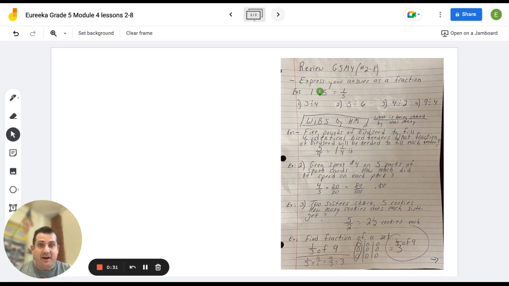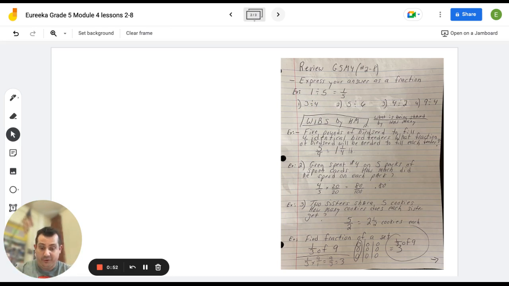1 divided by 5 equals 1/5. Right? So if we look at the four problems here, the first one says 3 divided by 4. You're just taking the first number and dividing it by the second number.